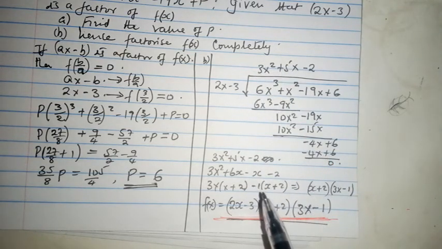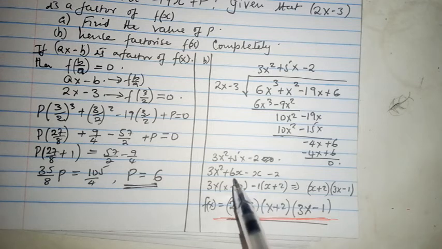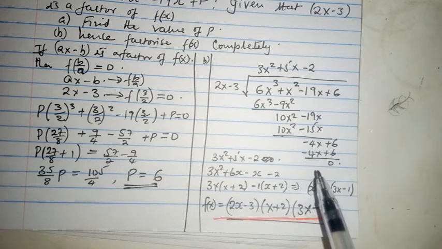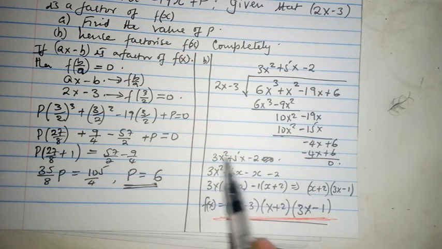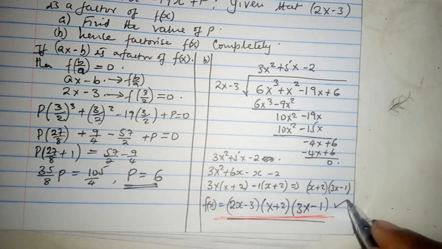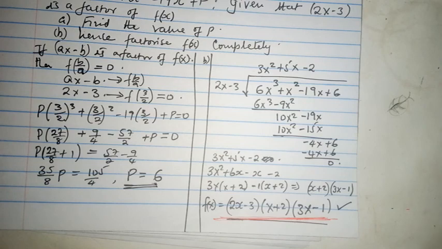We used the product and sum approach, and we got our numbers to be 6 and negative 1, because when you multiply 6 and negative 1 you get minus 6, and when you add 6 and negative 1 you get 5. This is what has given us all this, and that is the final answer. All right.